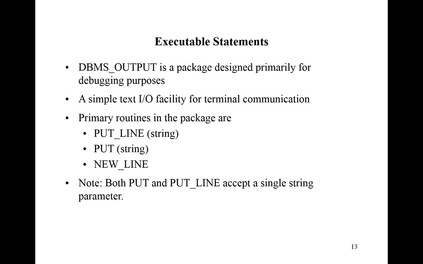An approach that's commonly used is to exploit subroutines that are part of the DBMS output package. Now note that this package is primarily used for debugging purposes, but it allows us to control the data or the information that's returned from the server to the client, which allows us to confirm execution of some particular task.